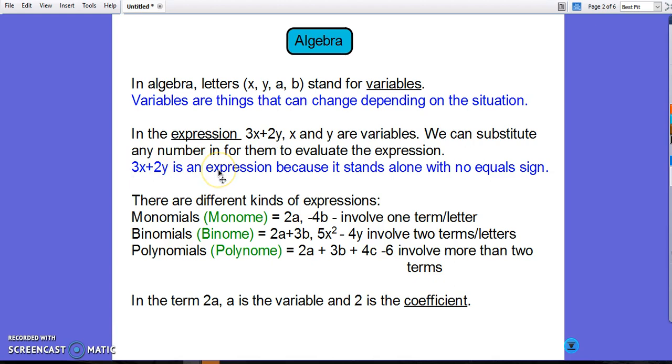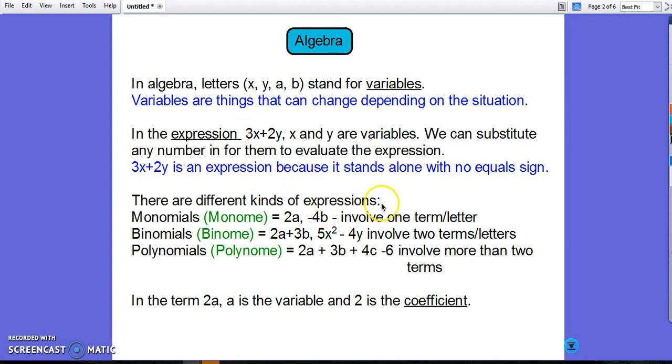This is an expression because it stands alone with no equal sign. And again, I've given a kind of definition for the underlined word in blue here. So an expression is just something that stands on its own. It's not equal to anything else. Once it is equal to something else, it's called something different, and we'll go through that in a moment.